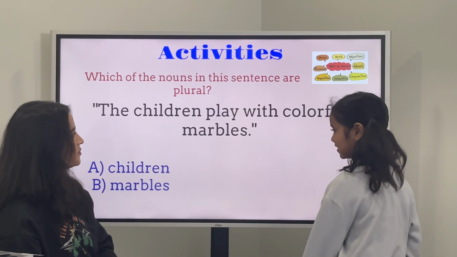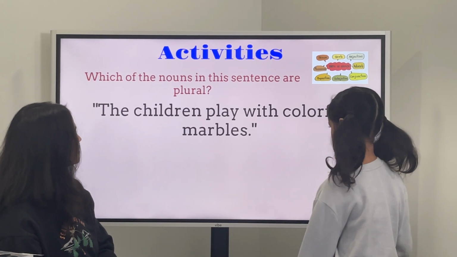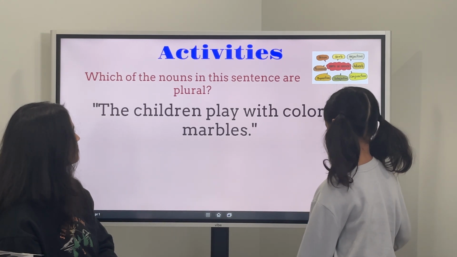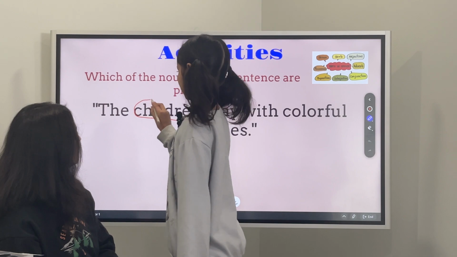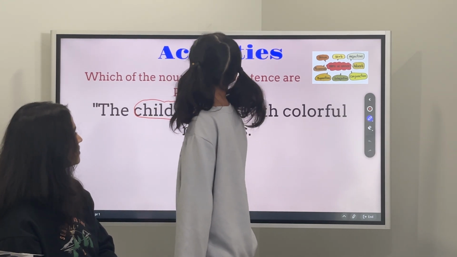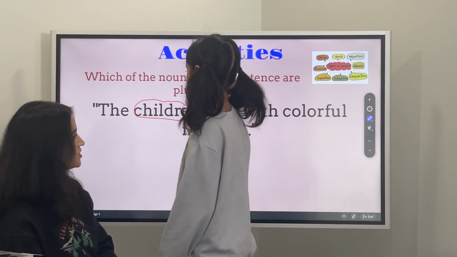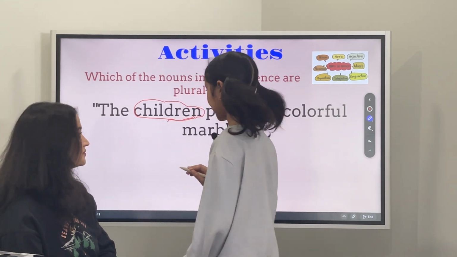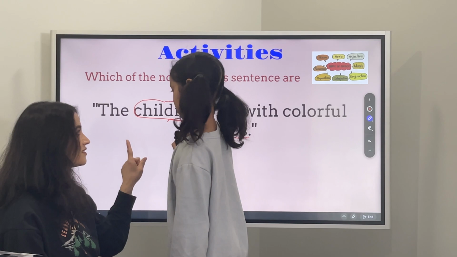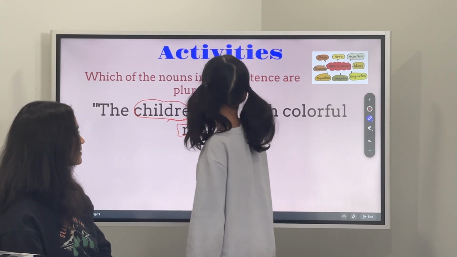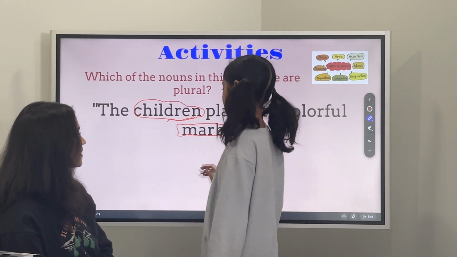The children play with colorful marbles. Which of the nouns in this sentence are plural? Children. More than one child is children. That falls into irregular plural. There you go.